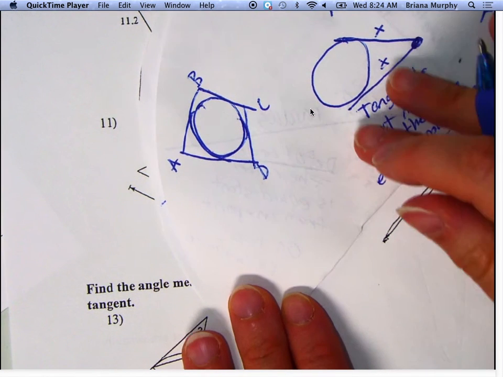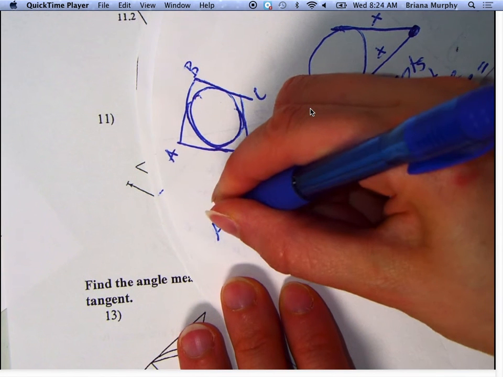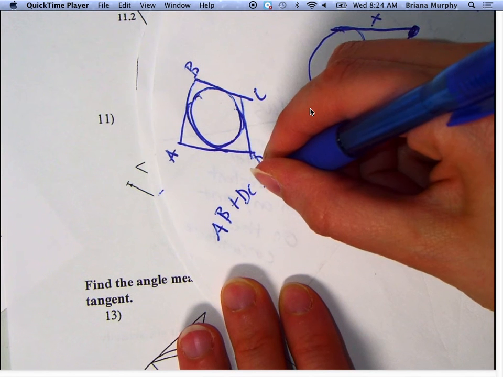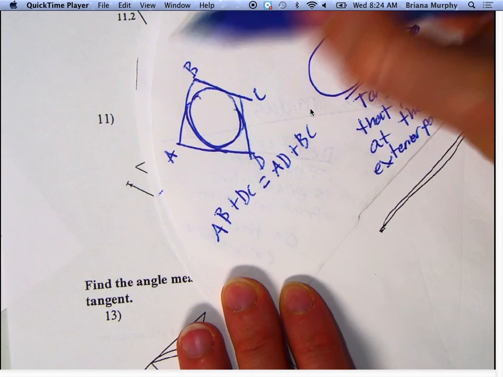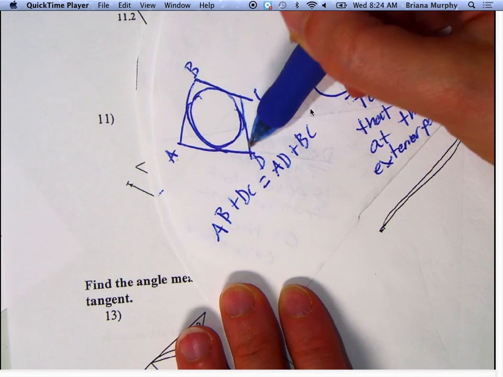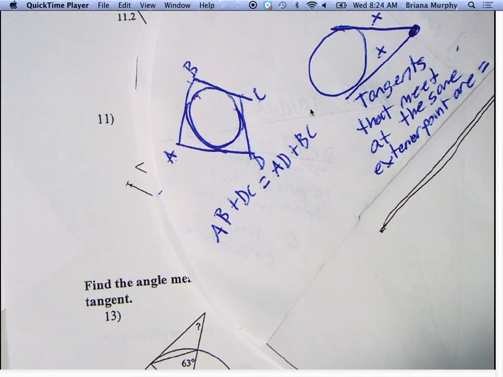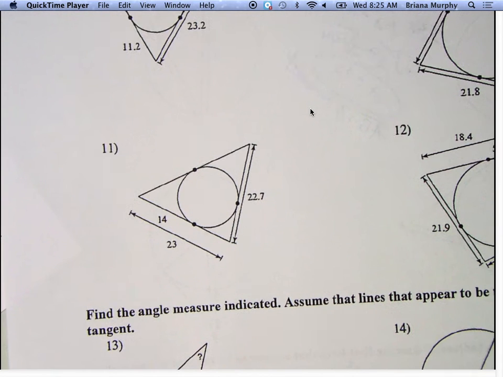Let's just assume that's drawn better. Then I'm given that AB plus DC is equal to AD plus BC. We'll see if that helps.